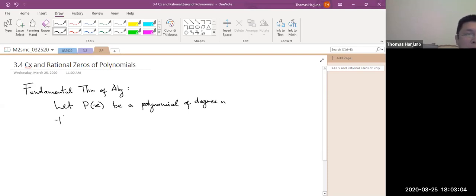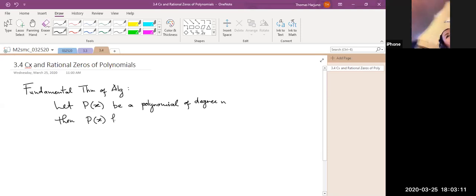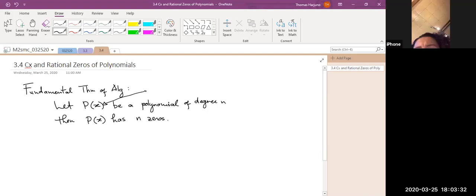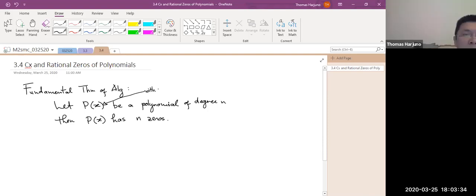Then P(x) has n zeros. Of course, the complete statement is supposed to be: P(x) be a polynomial with real coefficients.